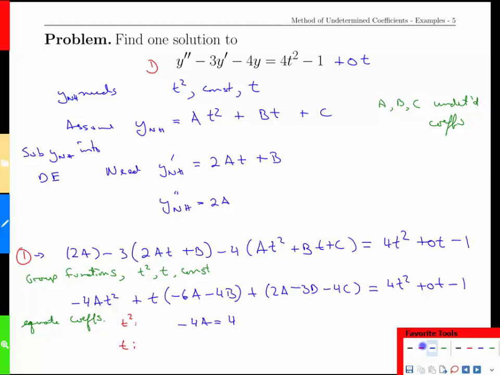The t coefficients, minus 6a minus 4b, is going to equal 0. And the constants are the most complex one. We're going to have 2a minus 3b minus 4c has to equal -1, the constant coefficient on the right-hand side.